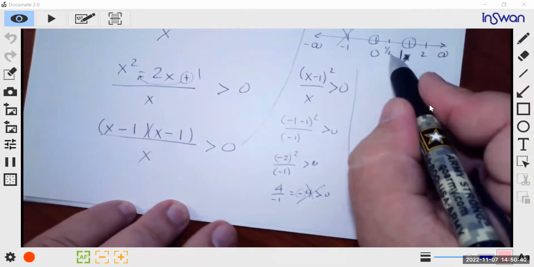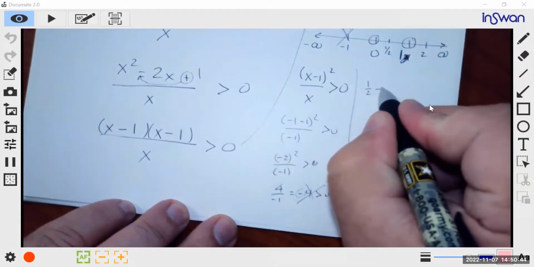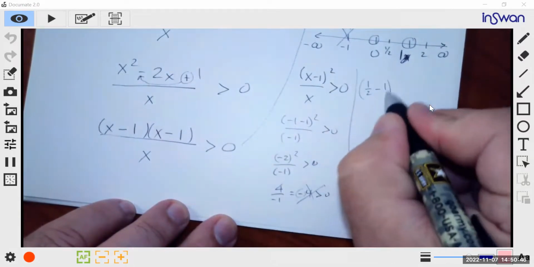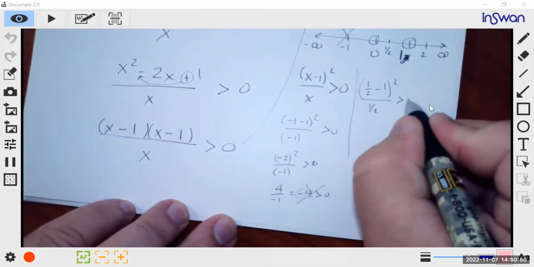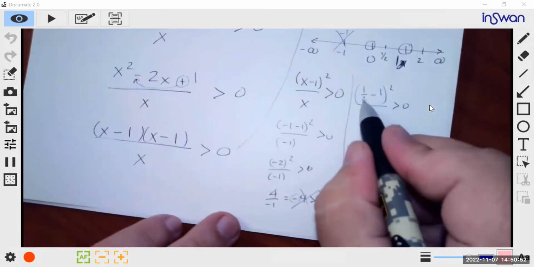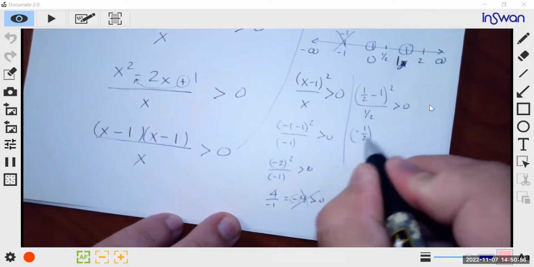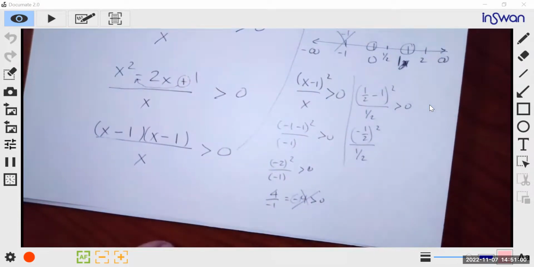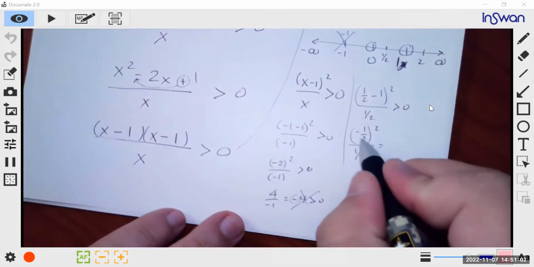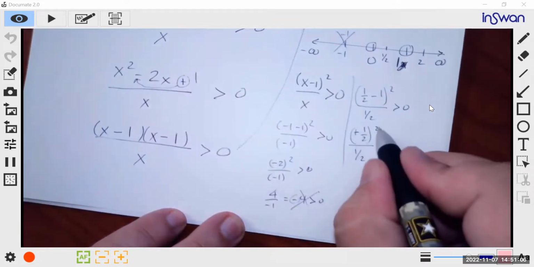How about 1/2? 1/2 minus 1 squared over 1/2, is that positive? 1/2 minus 1 is negative 1/2, divided by 1/2. Since the negative is inside the parentheses and you square it, it cancels.